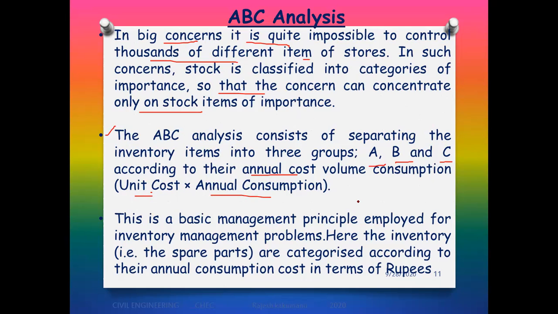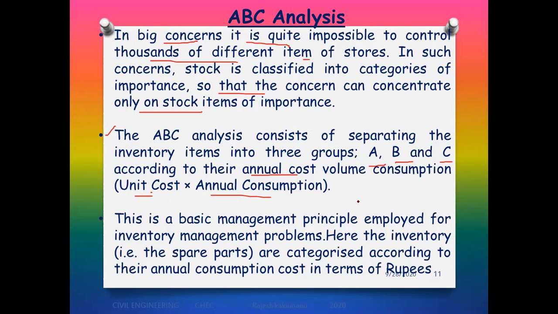If you have a rough estimation of the annual cost volume consumption, how will you do it? You will take a reference of the past year. Last year, how did we consume? Did we bring 5 pastes of 100 grams or 40 grams of paste? Once we decide the weight, we also have to decide the price, whether we brought it in economy pack or not.